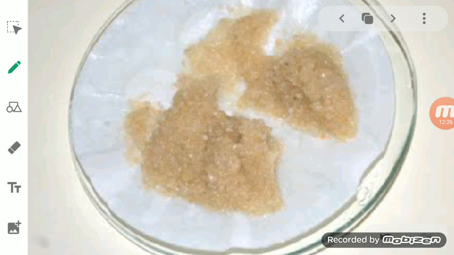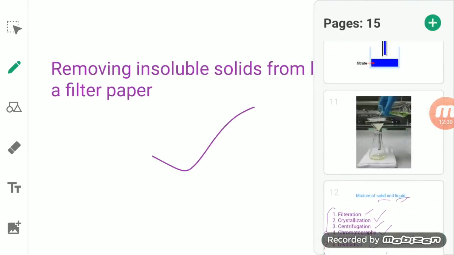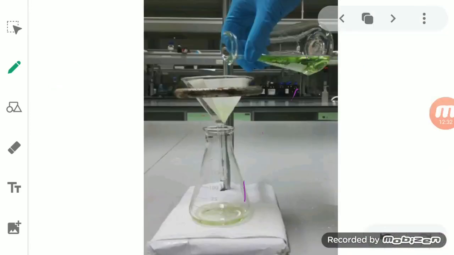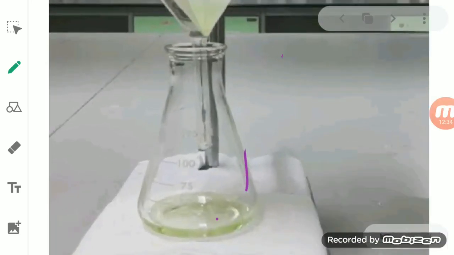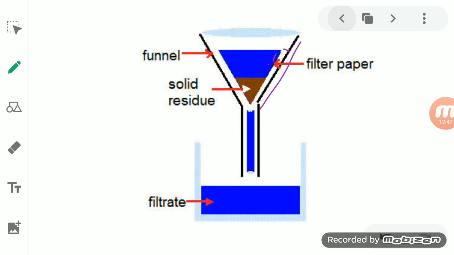So by this method we can separate the solid substance from the liquid substance. You can see here the filtrate will remain here, but the residue will remain on the filter paper. There are a lot of examples of that. We can take an example of chalk and water, or sand and water, anything.